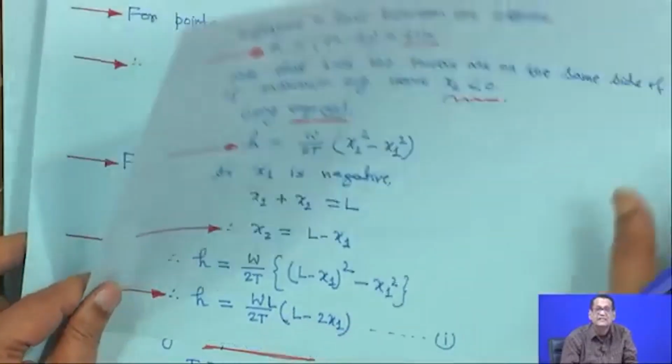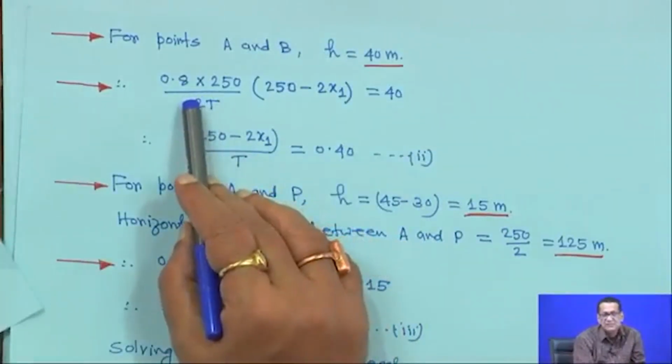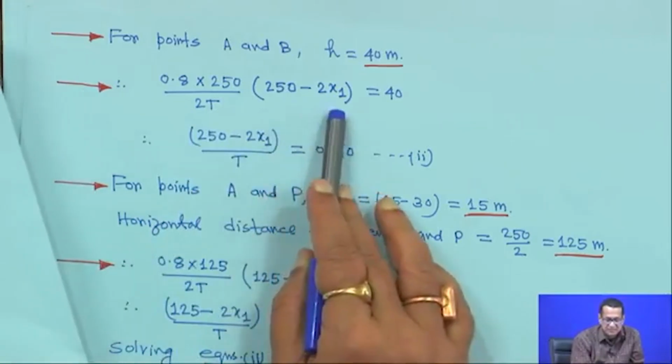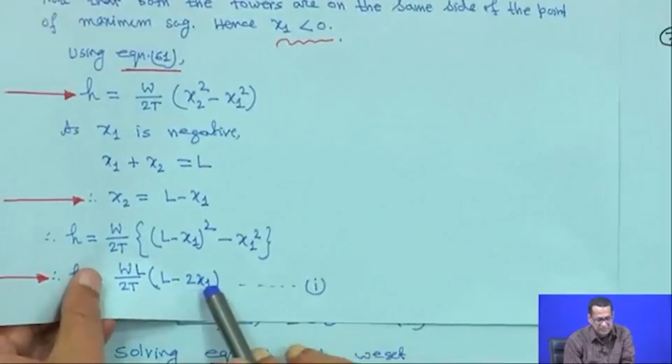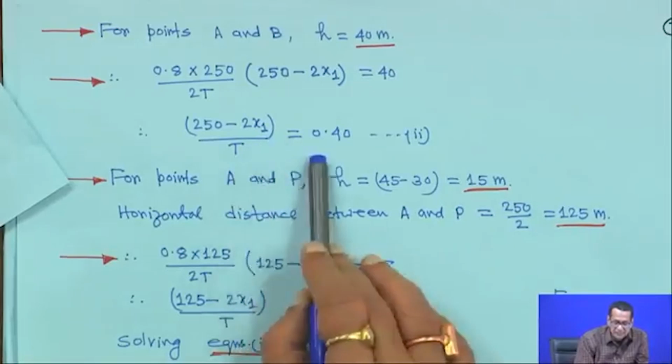Here we will substitute all the data: W is 0.8, L is 250, divided by 2T, then 250 minus 2x1 is equal to 40. That means 250 minus 2x1 upon T is equal to 0.4.